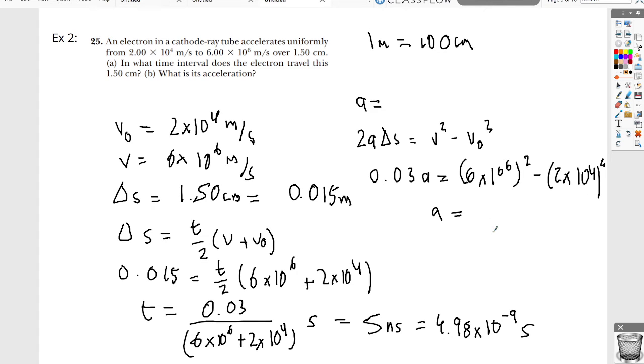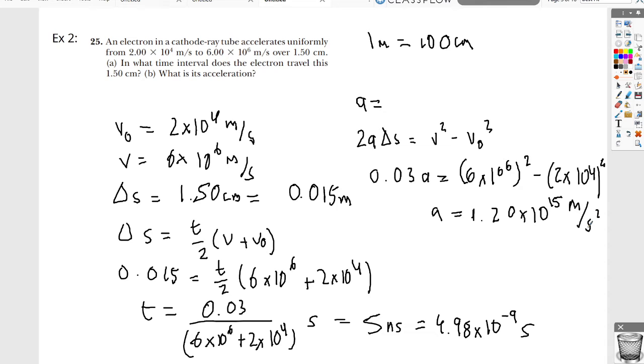Let me just calculate that real quick. So 6 times 10 to the 6th squared minus 2 times 10 to the 4th squared, and then divide that by 0.03 is 1.2 times 10 to the 15 meters per second squared.